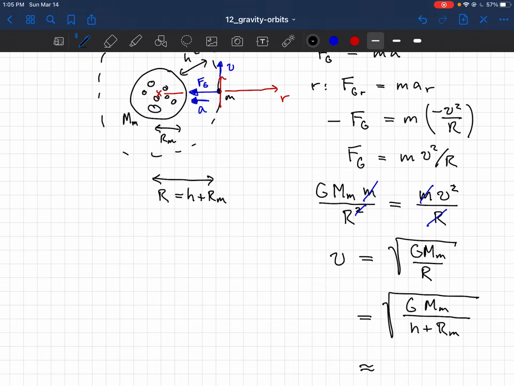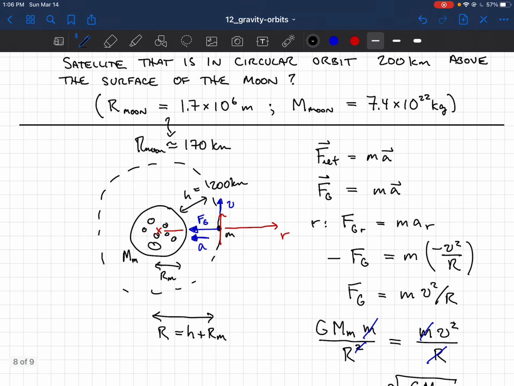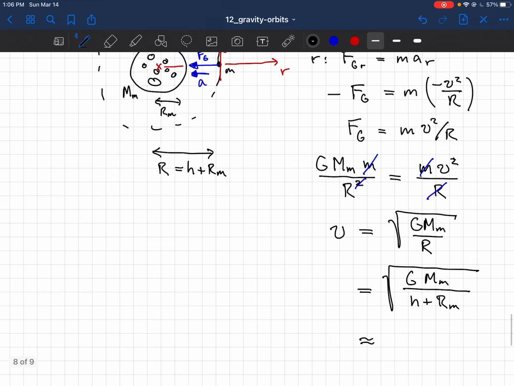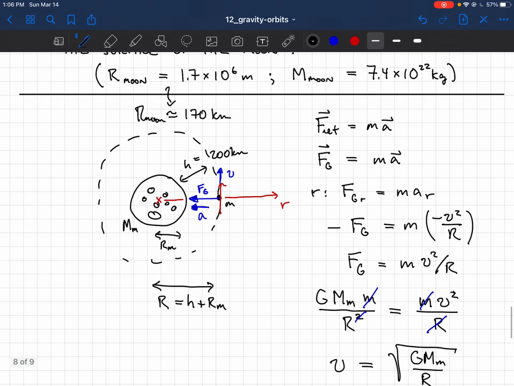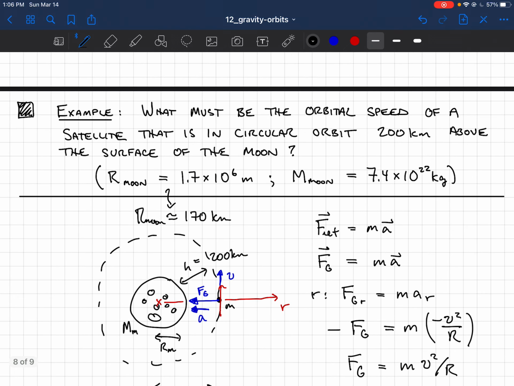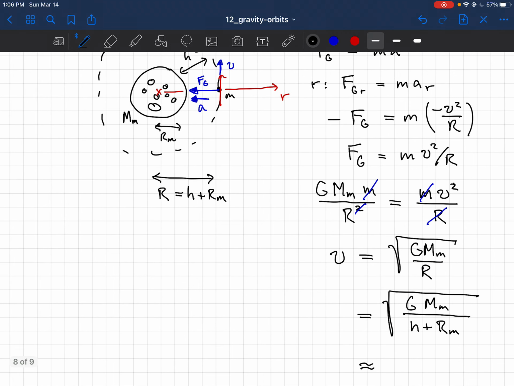So we can plug that in. Let's do it. So we get 6.7 times 10 to the minus 11 for big G. We multiply that by the mass of the moon, which is 7.4 times 10 to the 22nd. We divide that by the quantity of the height, which is 200 times 10 to the 3, plus the radius of the moon, which is 170 times 10 to the 3, to put it in meters.